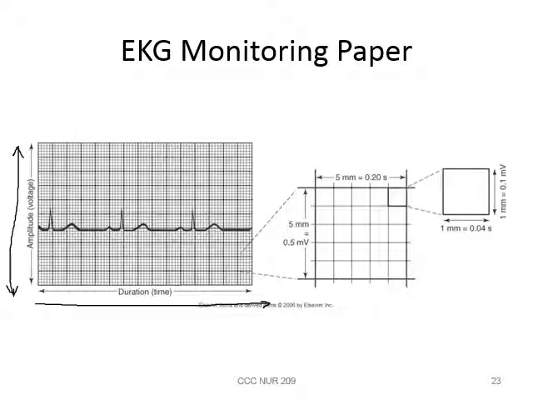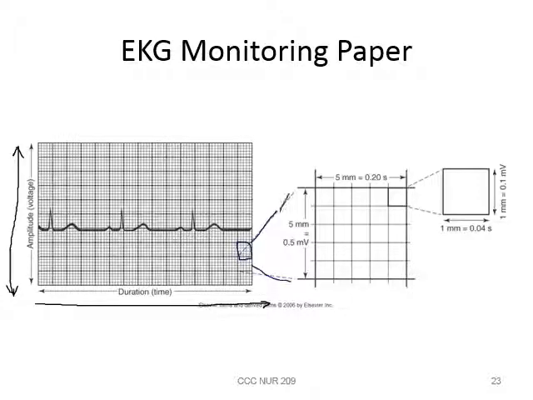Okay, so as we look at our paper, it's broken down into boxes. These boxes are important as we begin to look at our rhythm strips. A large box, such as this one, is represented here. Went to the wrong box, but that's okay.